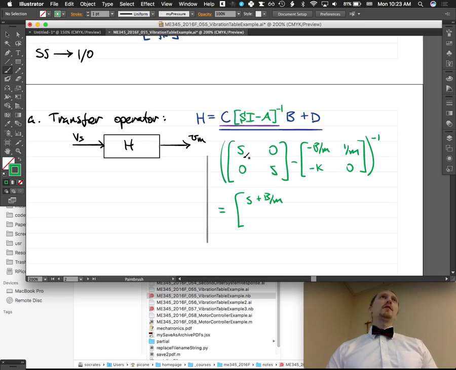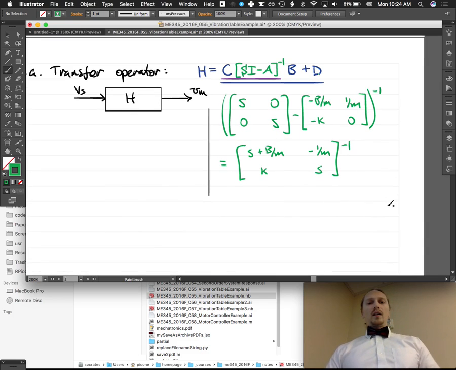Subtraction and addition of matrices is just element-wise. 0 minus 1 over M is just negative 1 over M. And 0 minus negative K is just positive K. S minus 0 is just S. And we're taking the inverse. I told you guys that the formula for this shows up in your textbook in the appendix, but it's pretty easy.